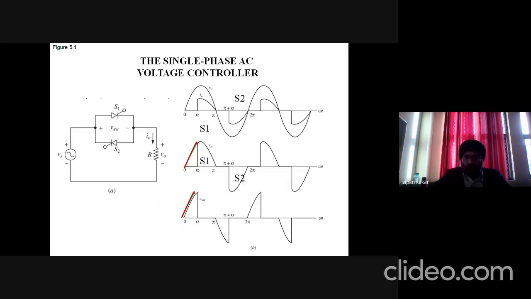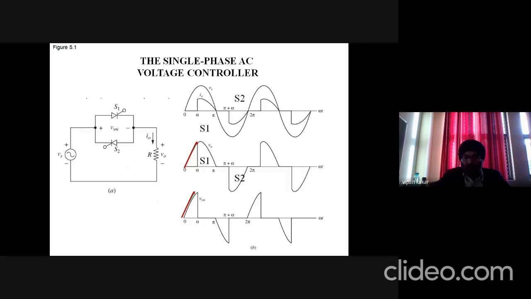Since these two switches are SCRs, we have some firing angle for these two switches. Let's say in the positive half cycle, switch S1 is conducting, and it starts to conduct after an angle alpha. So from 0 to alpha, we do not have any conduction of the SCR, switch S1.